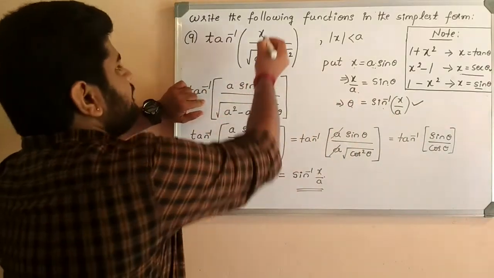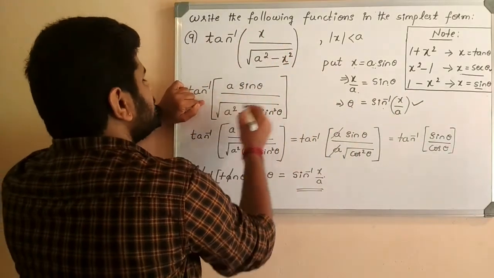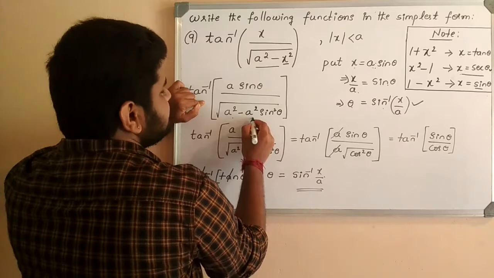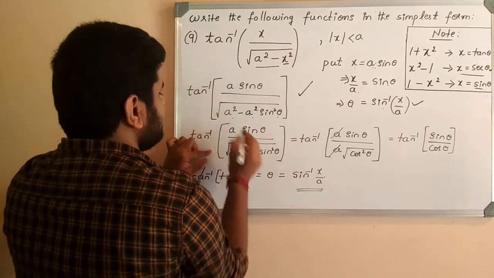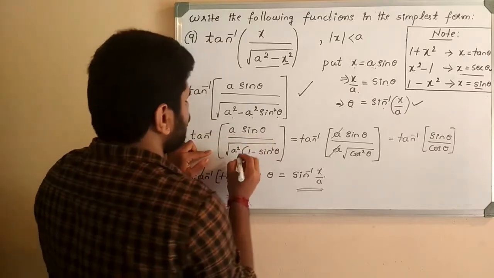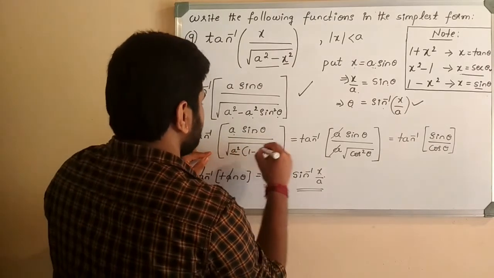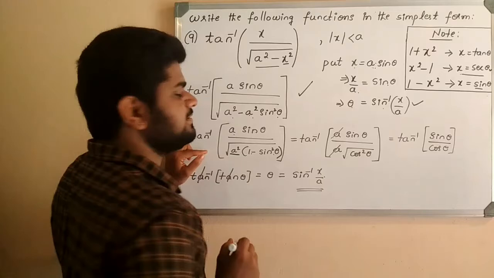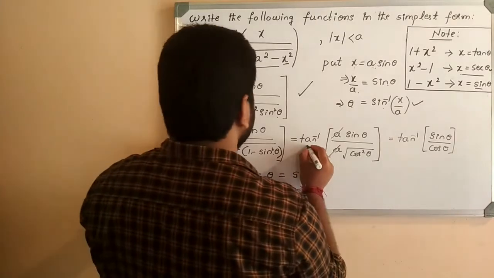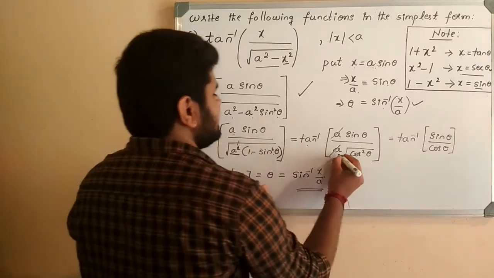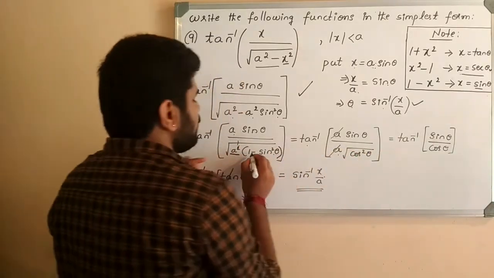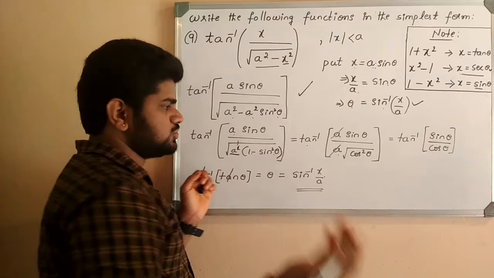So tan inverse of x is equal to a sin theta by root of a square minus a square sin square theta. So just take a square common, a sin theta by root of a square into 1 minus sin square theta. So tan inverse of a sin theta by, here root and square gets cancelled, a into root of 1 minus sin square theta is cos square theta.